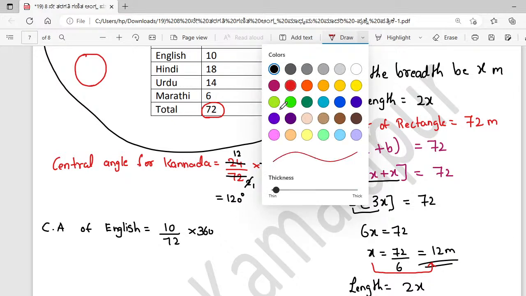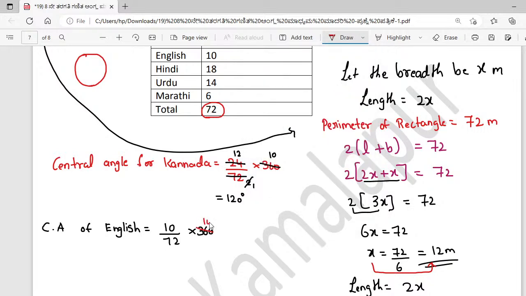That is the 36 table, we're going to include it here as well. 36 tens, 36 twos, 2 ones and 2 fives. So 5 tens will give us 50 degrees, the central angle of English. The next one, the central angle of the next language, which one is it? Hindi.